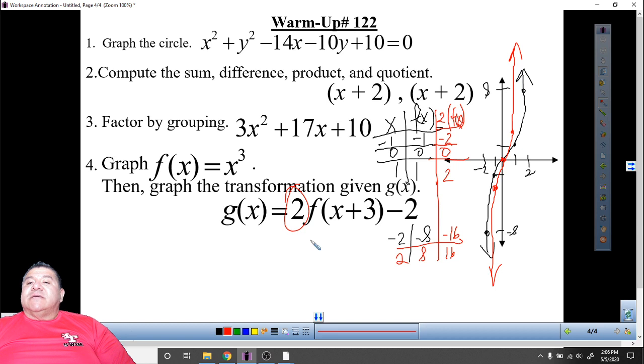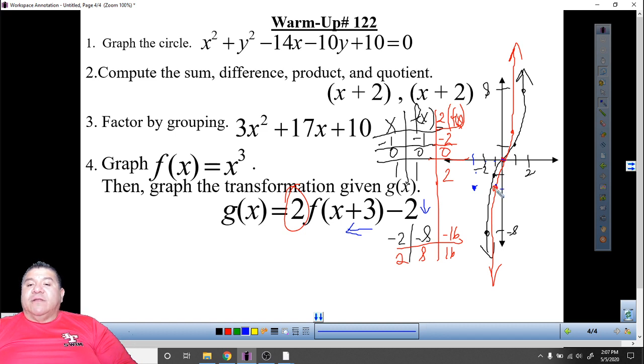So what are the last things that we need to do? Yeah, shift it. This one tells us to go 3 steps to what? To the left, and 2 steps down. So 3 steps to the left, 1, 2, 3. 2 steps down, 1, 2. So this is here now. Now let me move this red one. This one was at negative 1, negative 2.